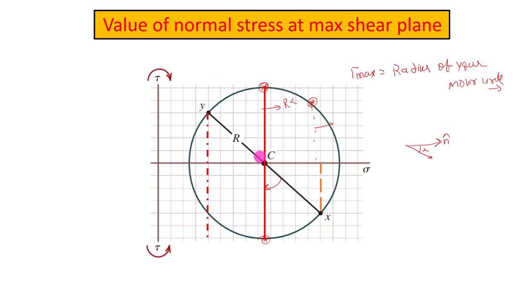In the Mohr circle we always talk in terms of 2 theta, not theta. So in actuality, the difference between the maximum shear plane and the principal stress plane is 2 theta equal to 90-degree, and theta will be 45-degree.